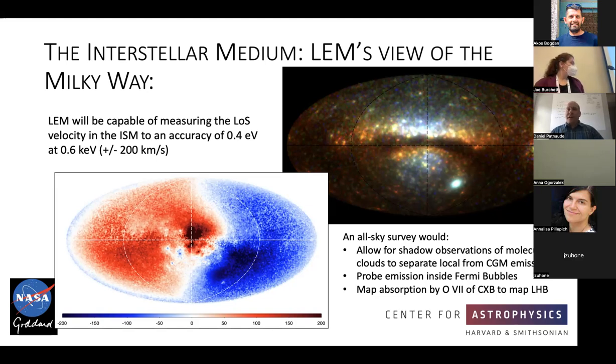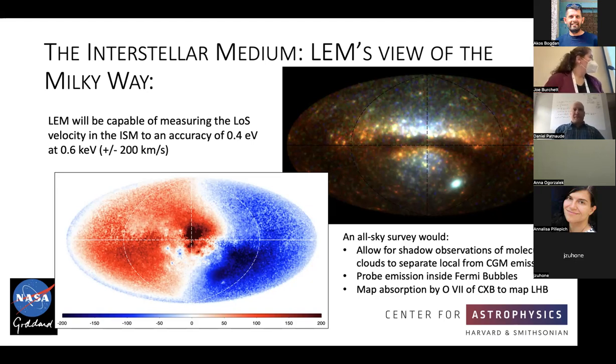Well, we could do shadow observations of molecular clouds, and this would allow us to separate local from circumgalactic medium emission. We can probe emission coming from inside the Fermi bubbles and other galactic outflows. And lastly, we will be able to map absorption by oxygen 7 from the cosmic X-ray background in order to map the local hot bubble in high spectral detail.